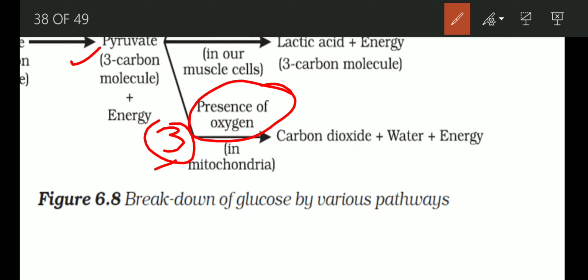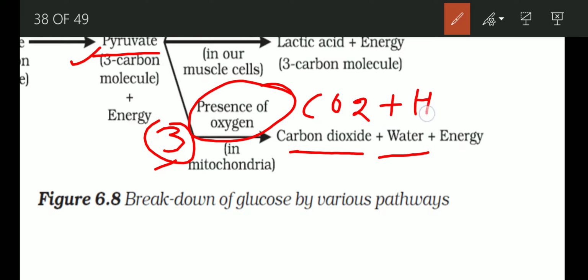So if sufficient oxygen is present, then pyruvate changes into carbon dioxide, water, and huge amount of energy. Out of all 3 pathways, the maximum amount of energy is released in this case, in the third pathway, which takes place in the presence of oxygen.